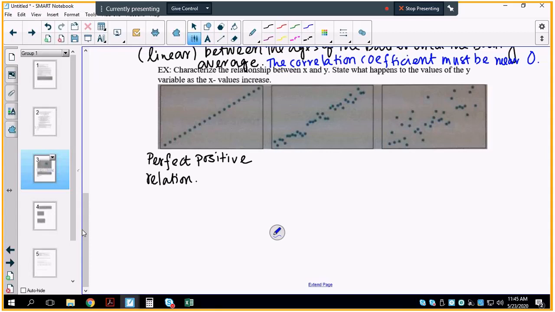So we'll say, as x values are increasing, y values will increase as well.